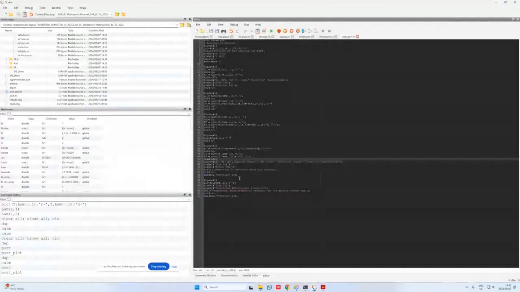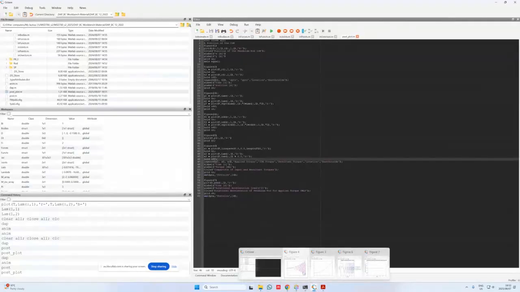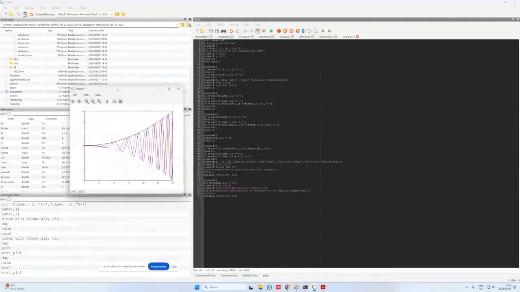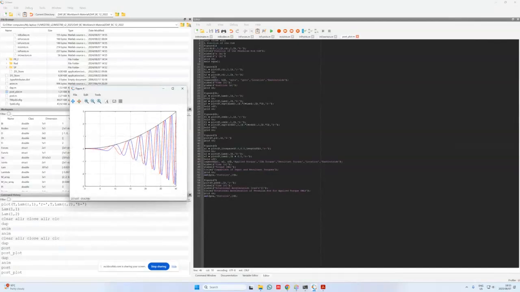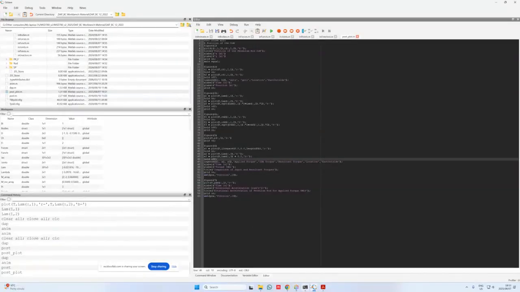Figure 4 is related to the translational acceleration of the center of mass of the pendulum rod. So once again, I can see an increase in the amplitude, an increase in the frequency, and a decrease in the period due to the angular acceleration of the system.